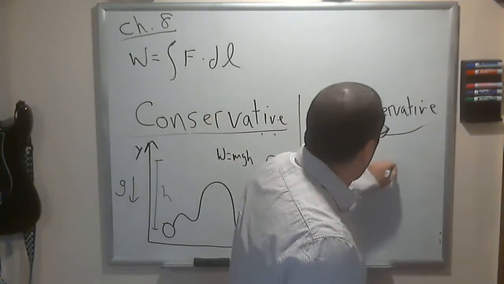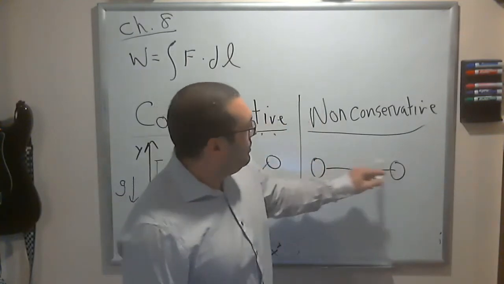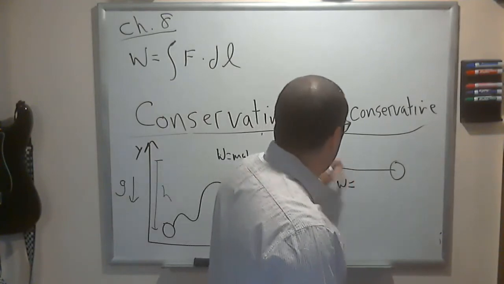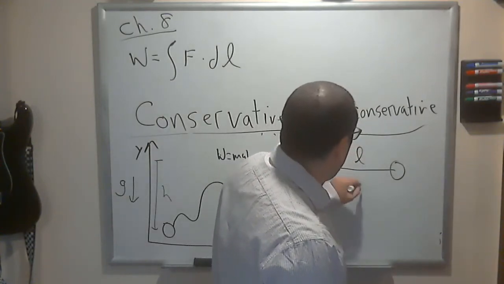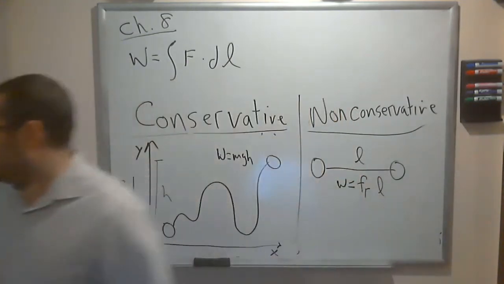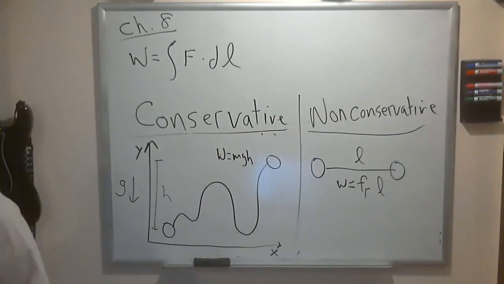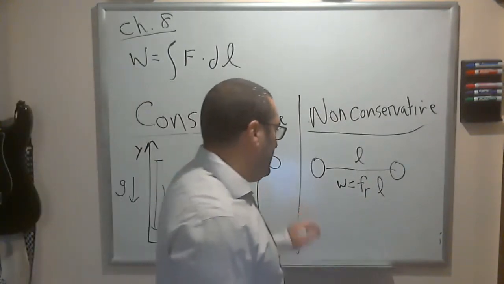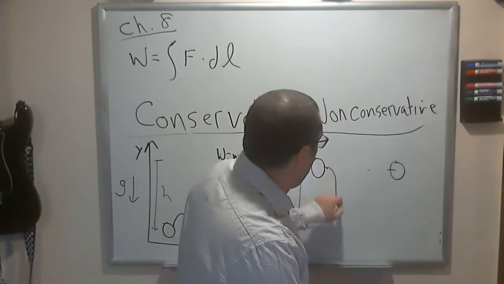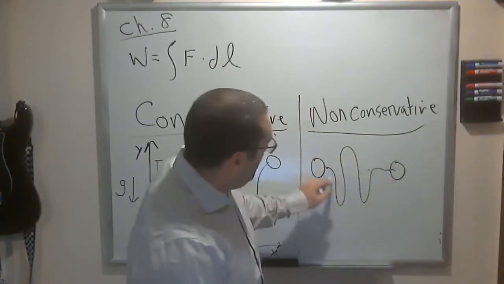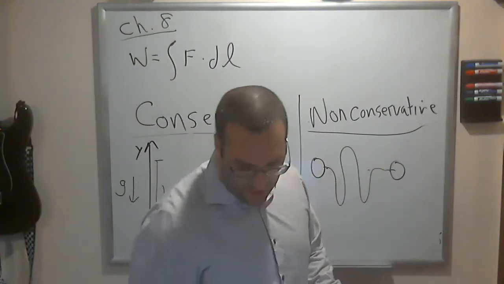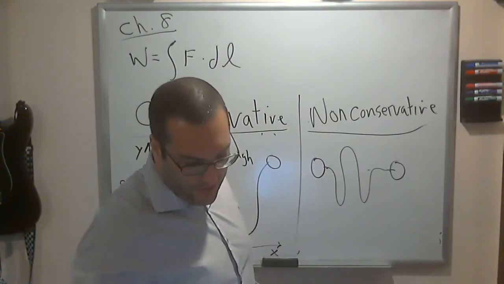The amount of work I do moving the ball over here depends on the path I take. If this distance is L, then it would be the force of friction times L. And if I change the path, increase it and go like this, everywhere you move it, it's resisting the motion, so it's path dependent.